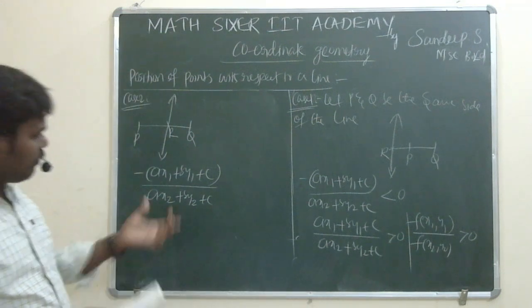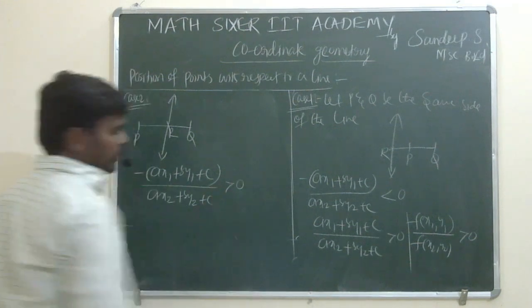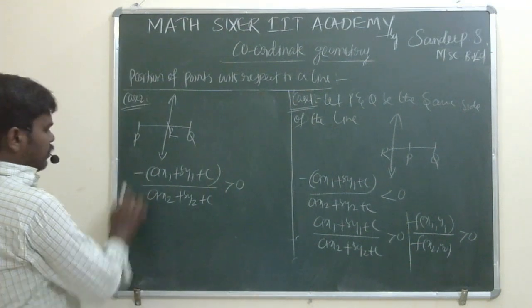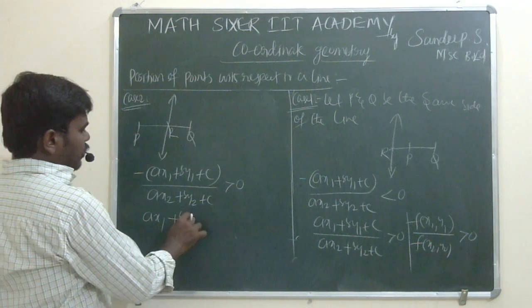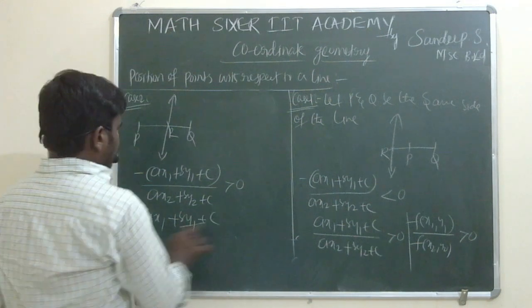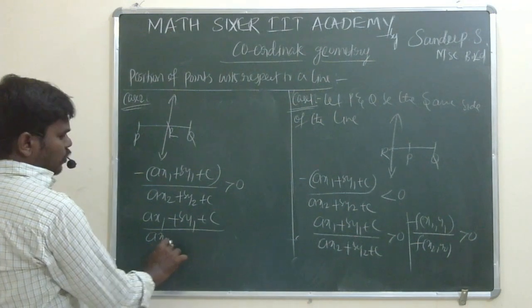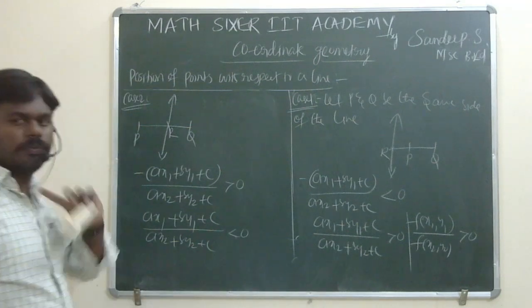Now this lambda is positive, which means greater than 0. Because of the minus symbol, when you multiply by minus, you will get (ax1 plus by1 plus c) divided by (ax2 plus by2 plus c) is less than 0.